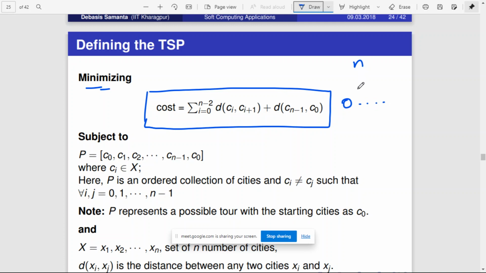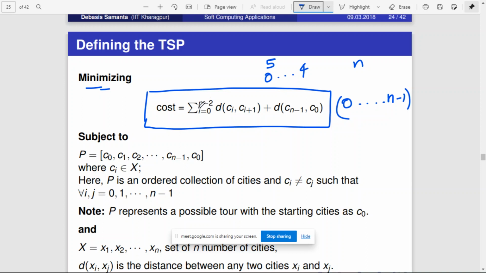If it is 5 cities, if I number from 0, it will end with what? 4. So n cities, if I number from 0, it will end with n minus 1. So that is how this numbering is given.